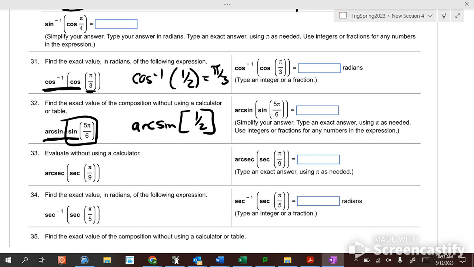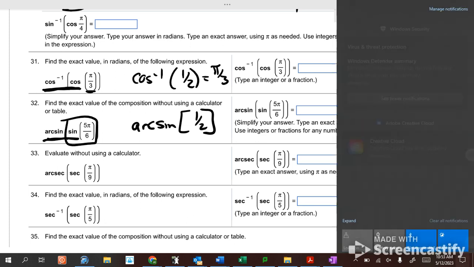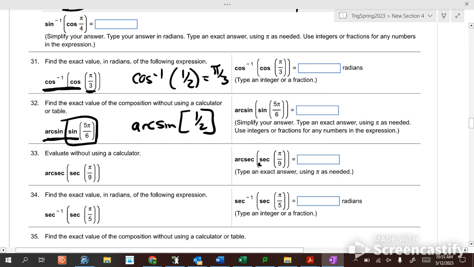Because the sine of 5 pi over 6 is 1/2. They got that right. So what's the arc sine of 1/2? Pi over 6. Yeah, you got this. Thank you. You're welcome.